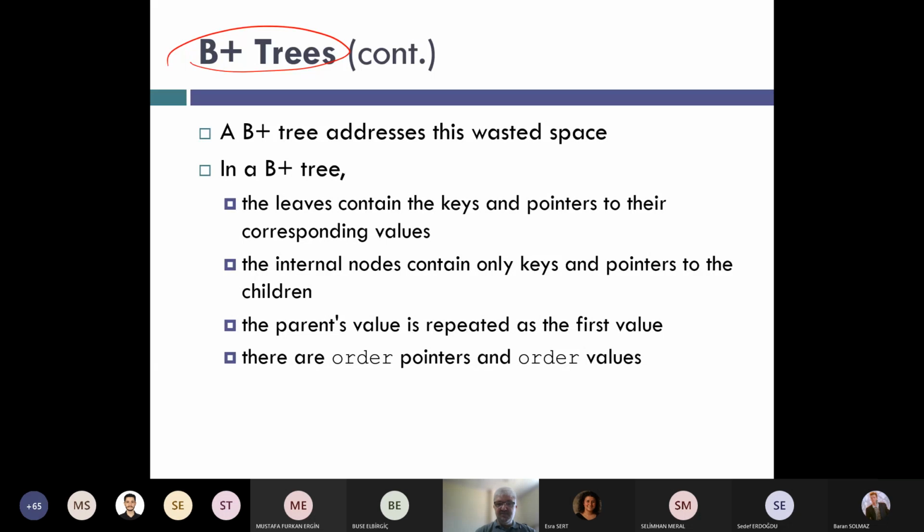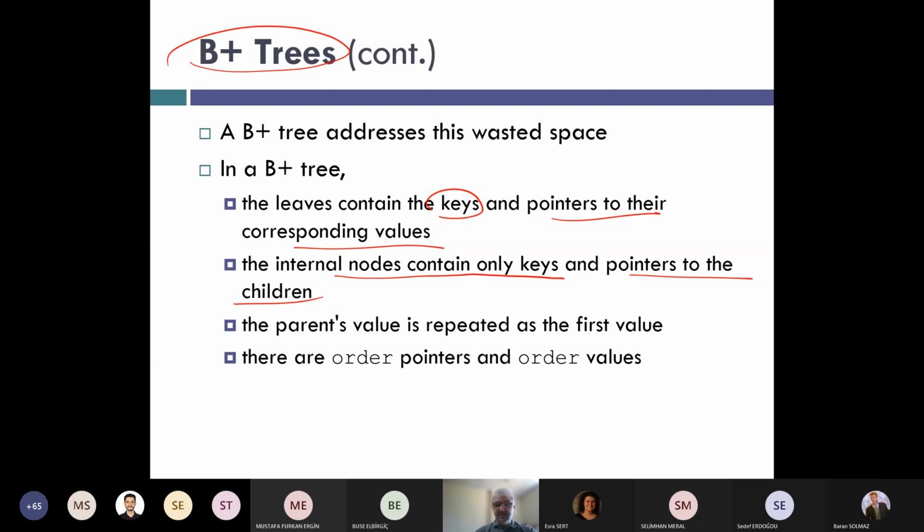B plus tree uses this idea. In B plus tree, the internal nodes keep the keys only and pointers to the children, but the leaves contain the keys and pointers to their corresponding values. Internal nodes contain keys and pointers to the children, as in B tree.